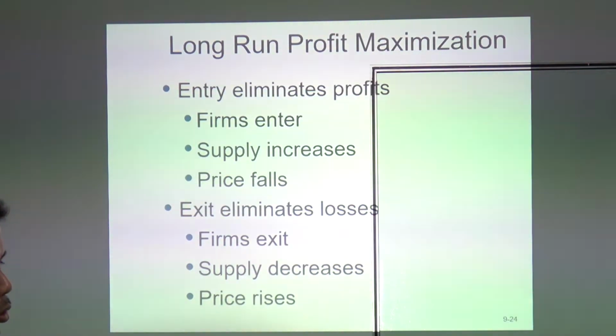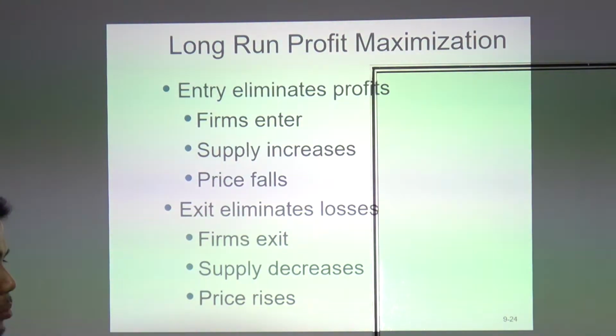Whenever the sellers or the firms in the industry are making profits, it will attract new firms to enter. This will increase supply, the equilibrium price will fall, and it will eliminate all the profits the firms have currently obtained.